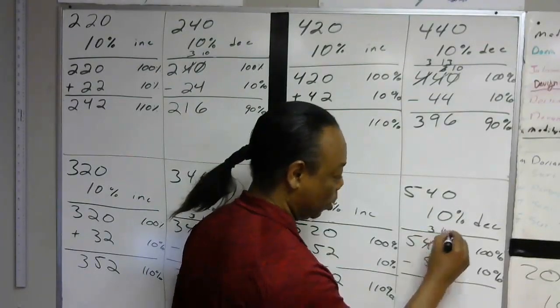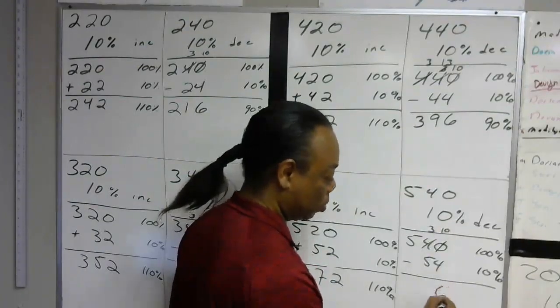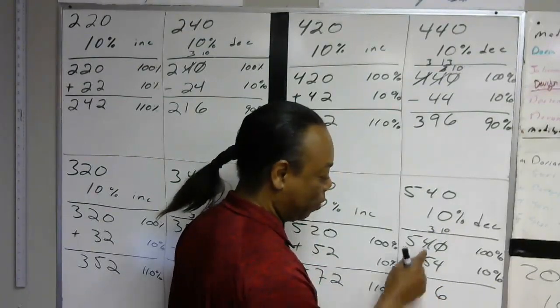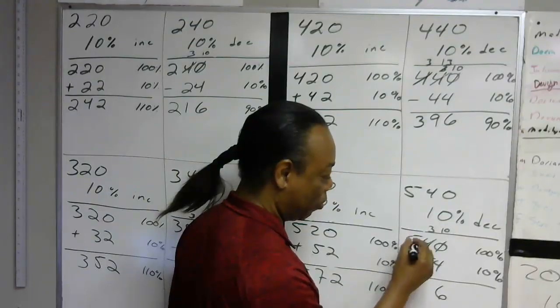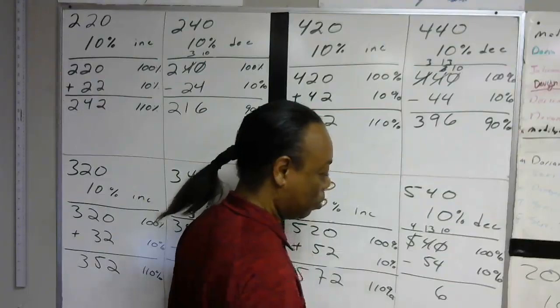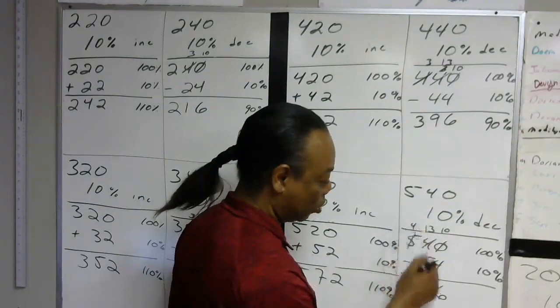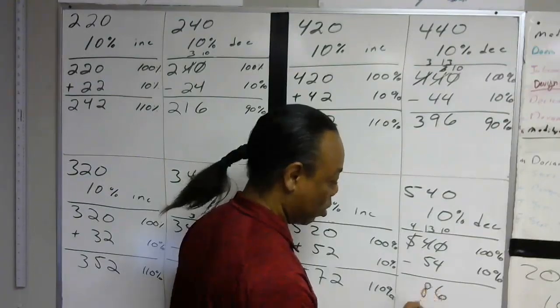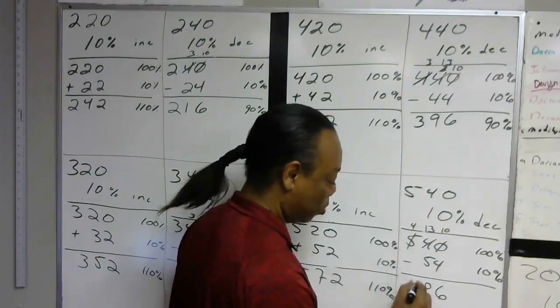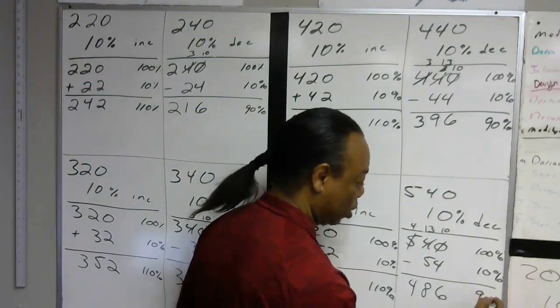And this becomes a 10. So 4 from 10 leaves 6. We cannot take 5 from 3, too small, so we borrow from 5. It becomes a 4, and the 3 becomes a 13. So now 5 from 13 gives us 8, and 4 here comes down. So 486 represents 90%.